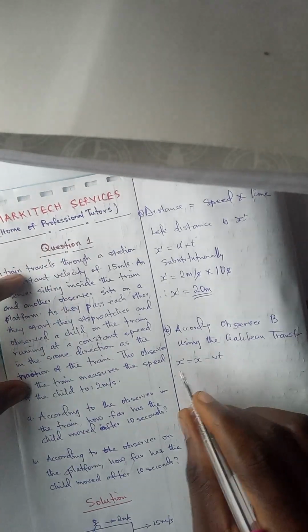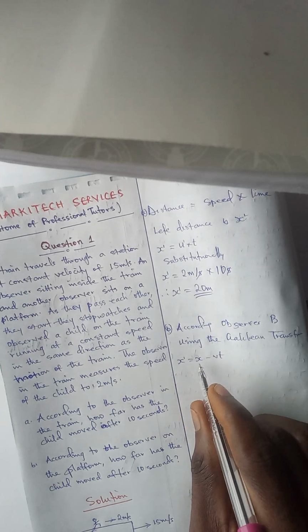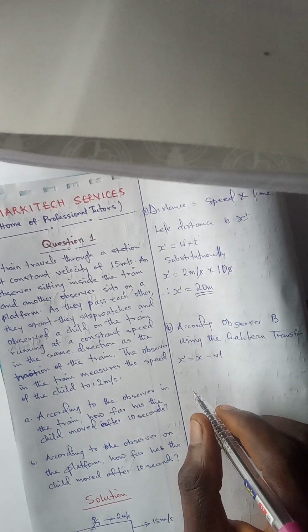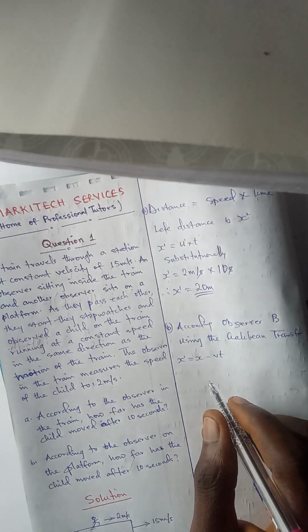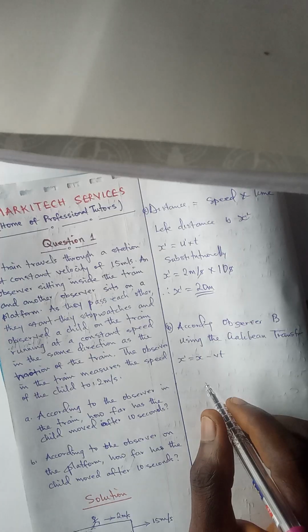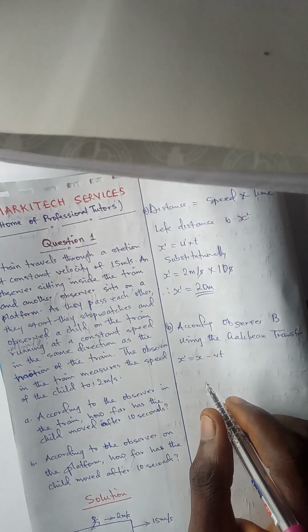Now, x prime is the same thing as the change in the coordinate of x. That's what it means. Our v is the velocity of the train, and our t is the time taken. Are we getting it? Our v is the velocity of the train and t the time taken.